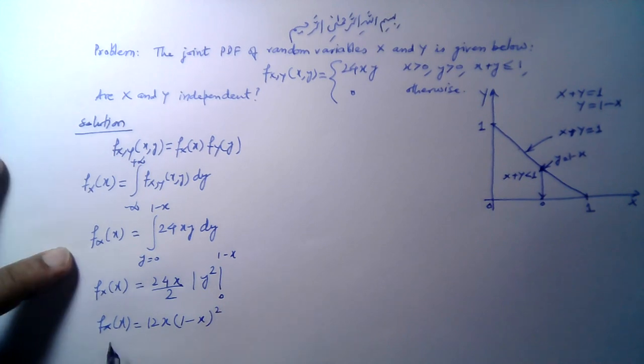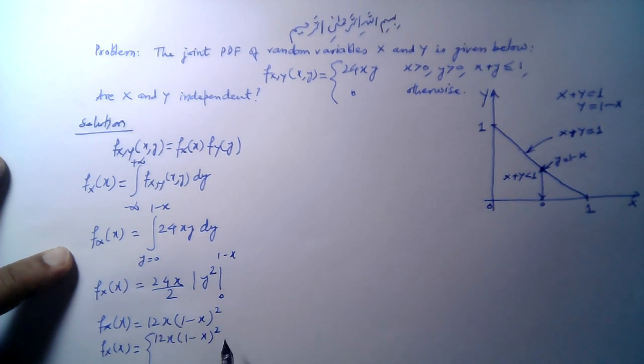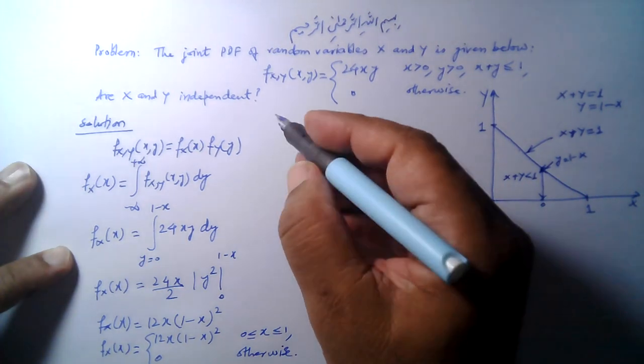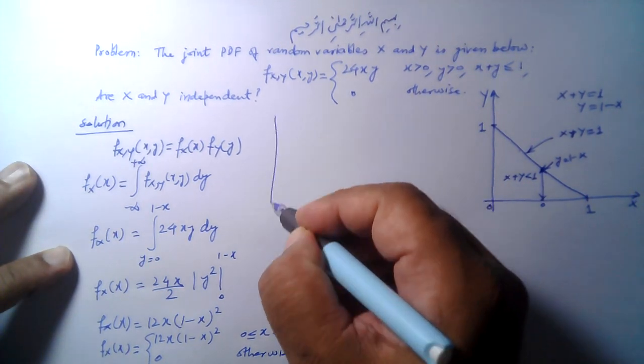This could be written as the complete PDF: 12x(1 minus x)^2 for x greater than or equal to 0 and less than or equal to 1, and 0 otherwise. So this is the PDF for random variable x.